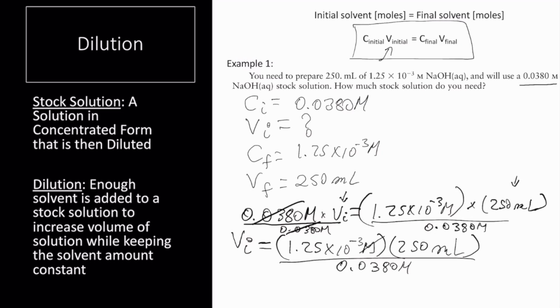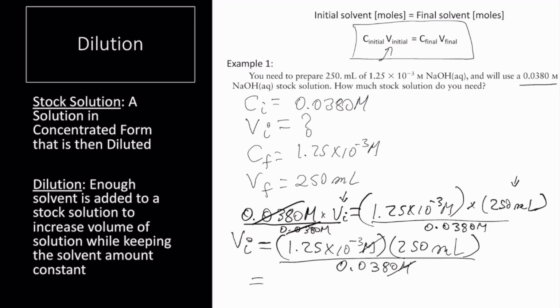So the units of molar cancel out and we're left with units of milliliters. So our final answer will be in milliliters. Now we have to multiply 1.25 times 10 to the negative 3 times 250 and divide it by 0.038.